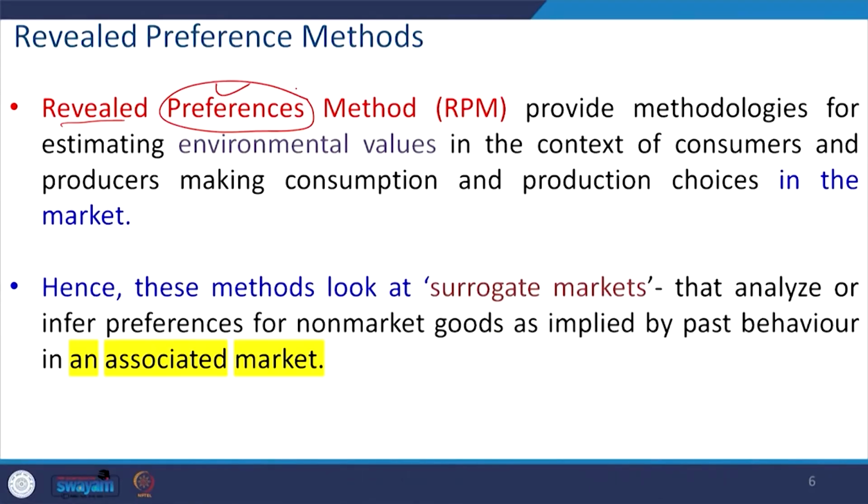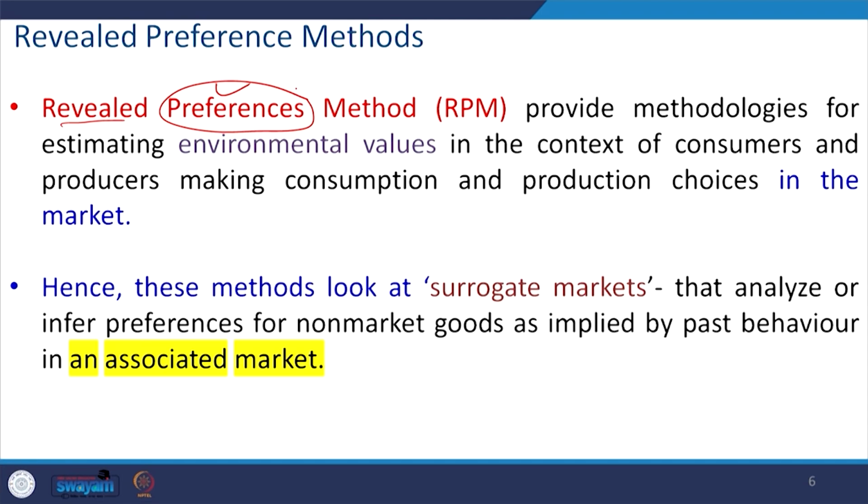So, this method provides methodologies for estimating these environmental values, and therefore these revealed preference methods are searching after a market, because this is not the actual market, as these environmental goods and services are not traded in the market system.